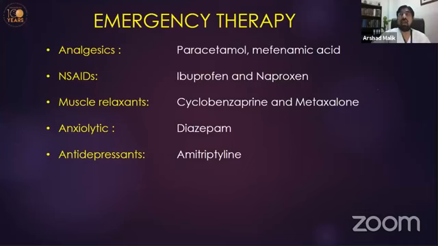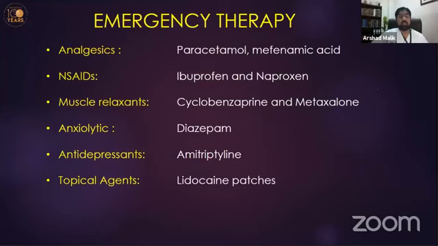This is just for the emergency purpose. But if you think that the patient is definitely a patient of depression and needs psychotherapy, then I will prefer that you better send him to a psychotherapist or a psychologist, and that is a good approach. But in the case of emergency, you just go for 2 or 3 days, and then the topical agent.